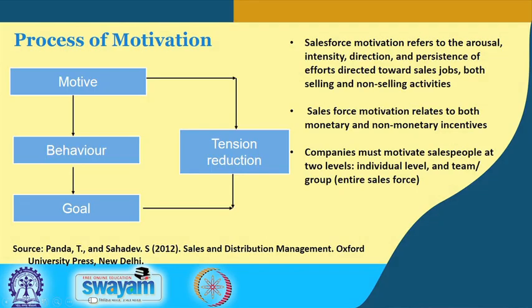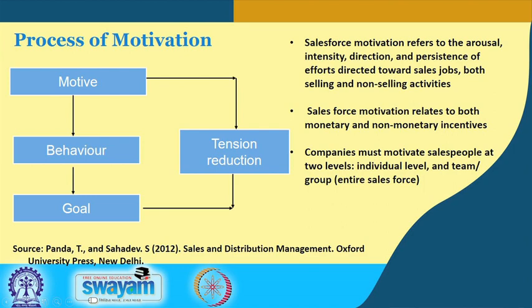Now, when we talk about motivation, let us first discuss the process of motivation. As I said, Salesforce motivation here refers to the arousal, intensity, direction and persistence of efforts directed towards sales jobs, both selling and non-selling activities.